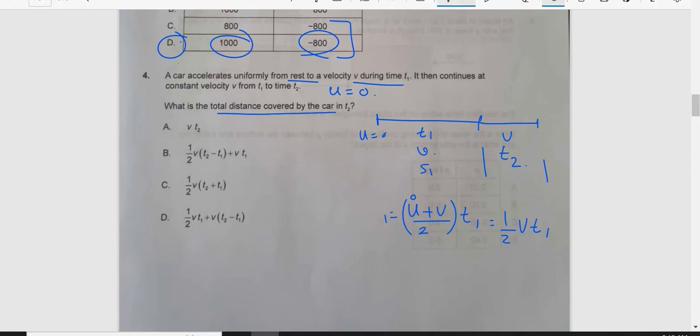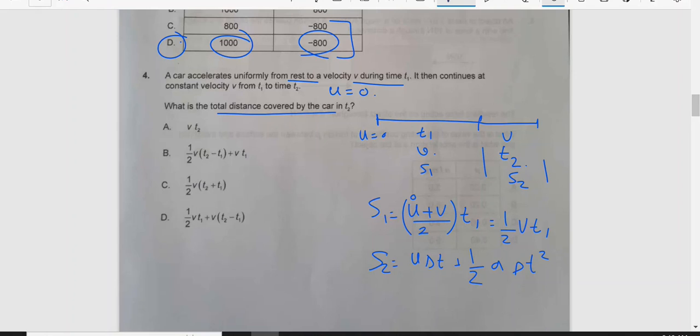So this is S1, and here S2. Now S2 will be the initial velocity times time, plus half acceleration times change in time squared.